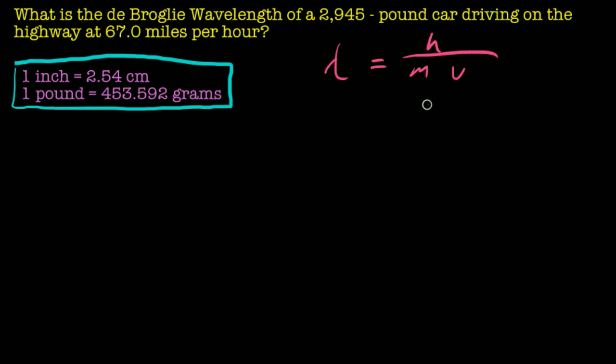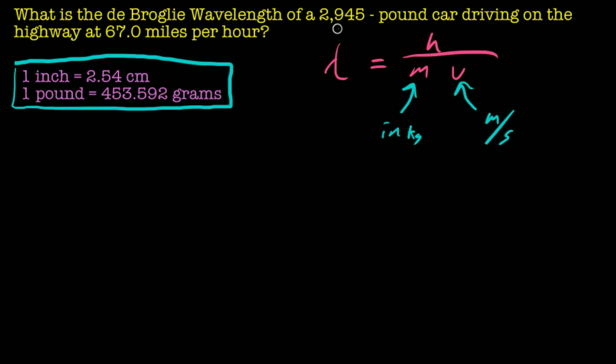And remember, our mass for this equation is always going to be in kilograms, and our velocity is always going to be in meters per second.